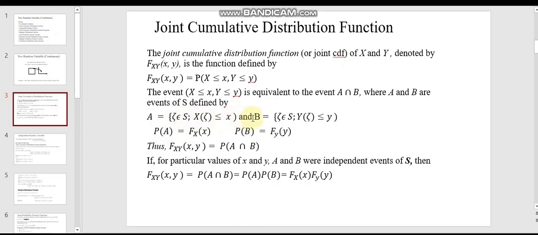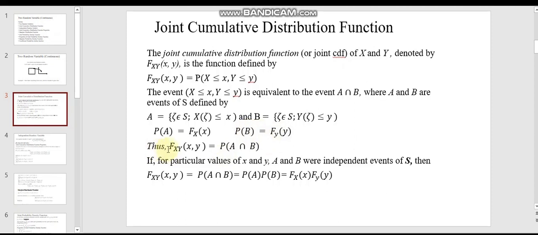Similarly, event B is the set of zeta belonging to the sample space S such that Y of zeta is less than or equal to y. Then the probability of event A is equal to the CDF of X, and similarly the probability of event B is equal to the CDF of Y.